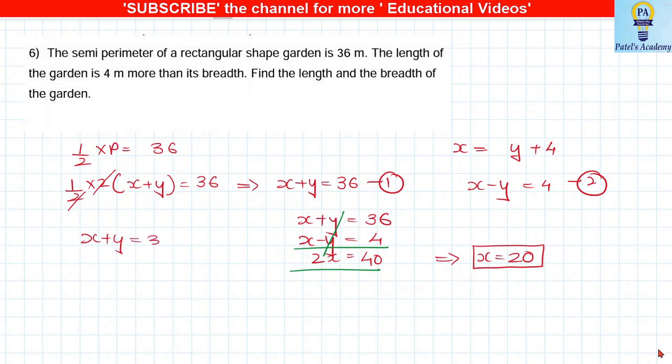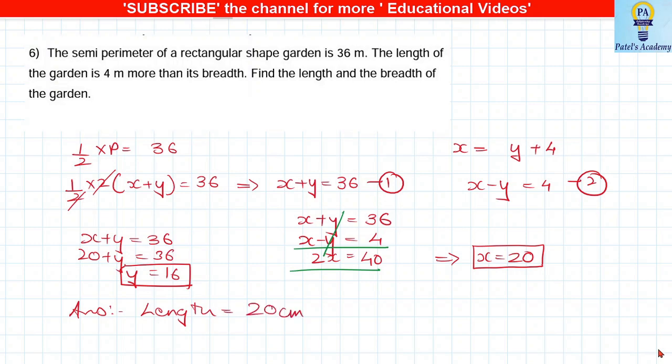X plus y is 36. X is 20 plus y is 36. So y equal to 16. So my final answer is length is 20 centimeters and its breadth is 16 centimeters. Okay.